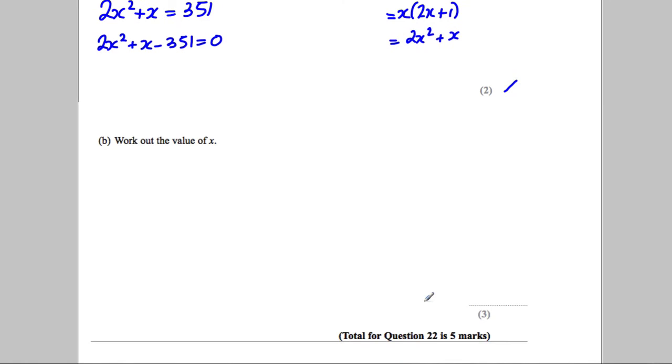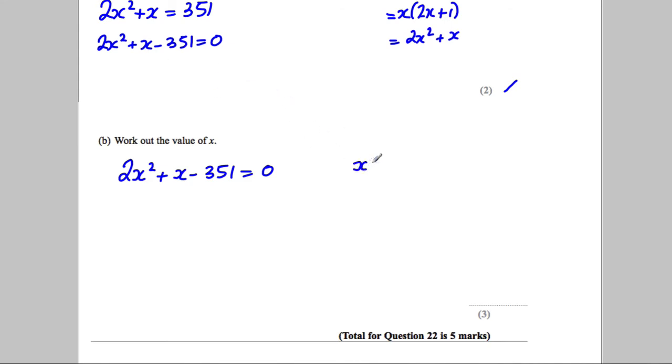So the value of x here. What we could do is we've got 2x squared add x subtract 351 is equal to 0. And we could give a go at factorising. Although the numbers look really big, I'd be tempted to use the quadratic formula.